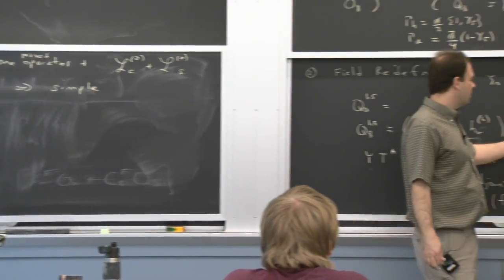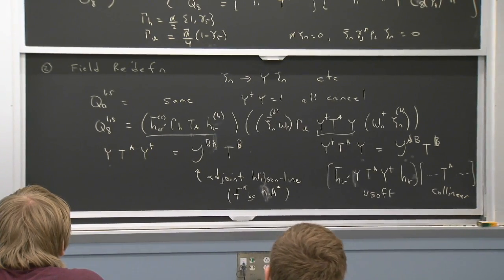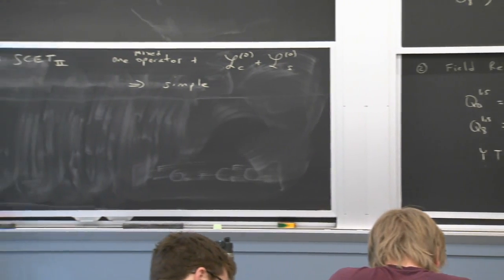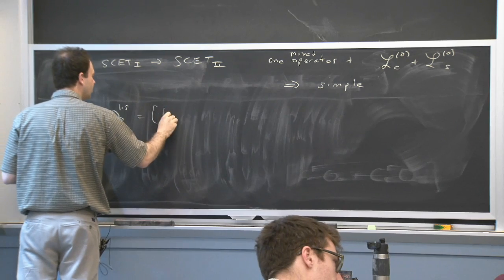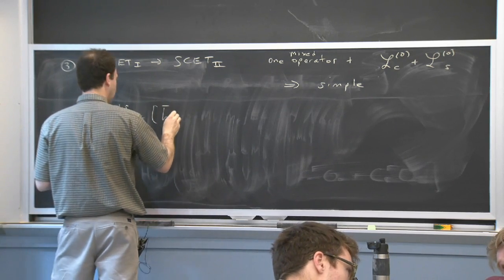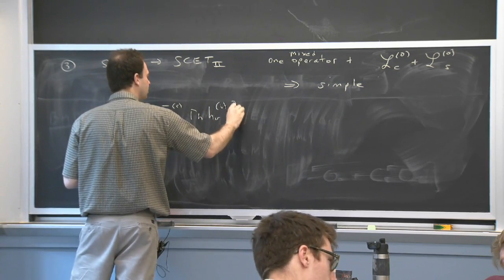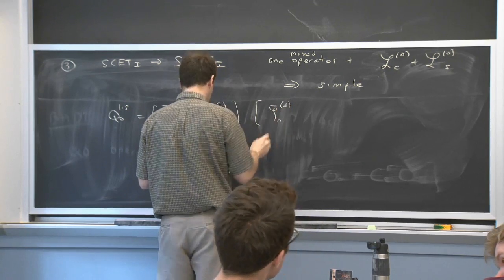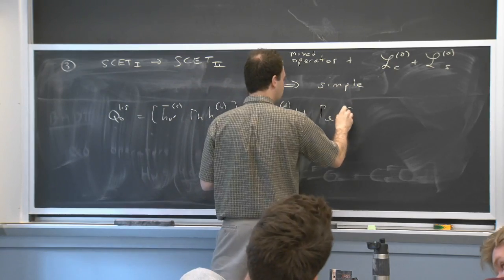And these collinears, we just put them down onto SCET2 collinears from SCET1 collinears. OK, so to make it look like I've done something, I'll write it out again, but there's really nothing happening, except that now the fields are in SCET2 with the correct SCET2 scaling.